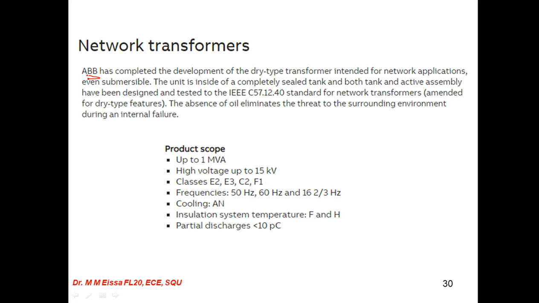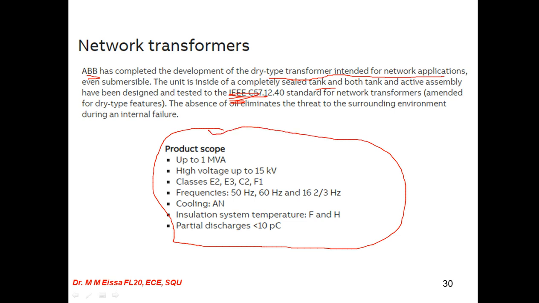A company like ABB has completed the development of a dry type transformer intended for network applications. The unit is inside a completely sealed tank, and both tank and active assembly have been designed and tested according to IEEE standards. Here is the product scope, so you can understand the network transformers can reach 1 megavolt-ampere, with high voltage of 15 kV.